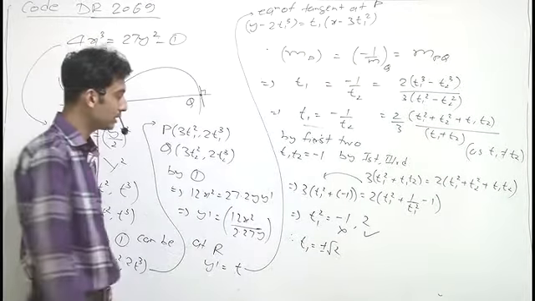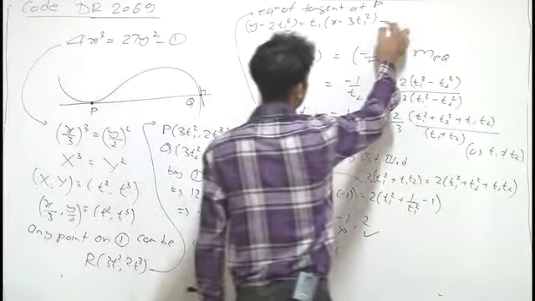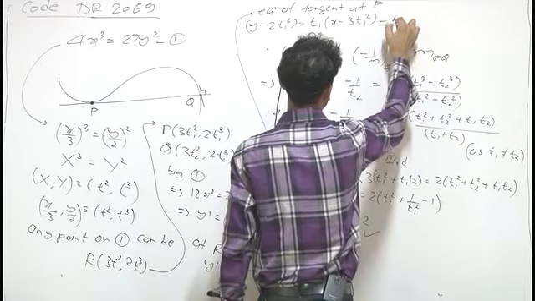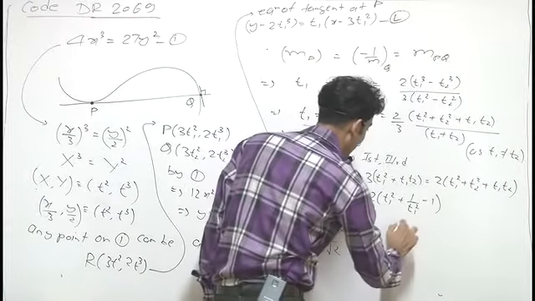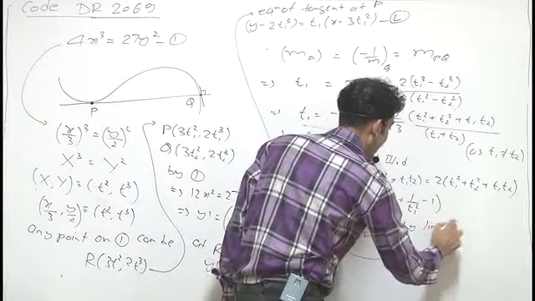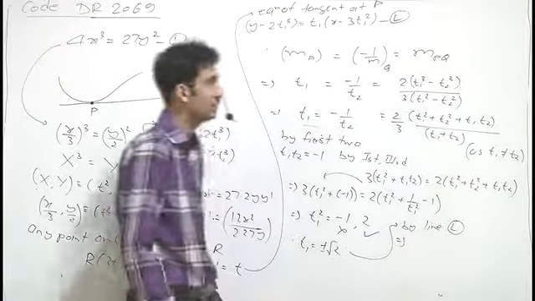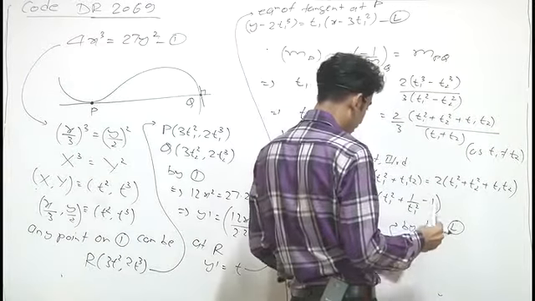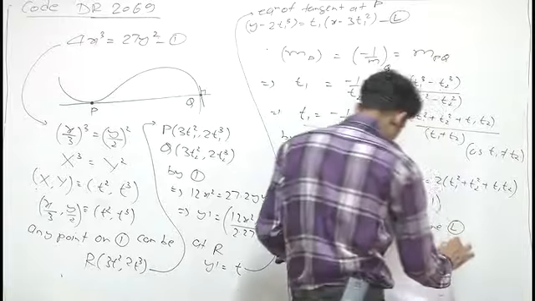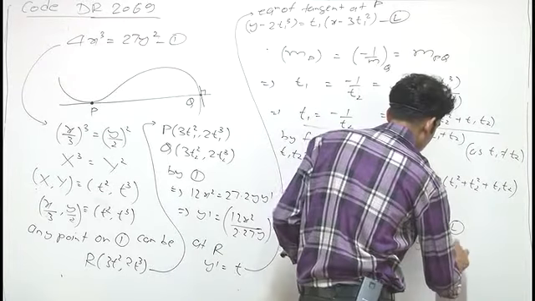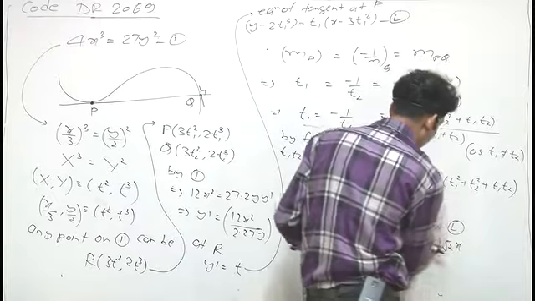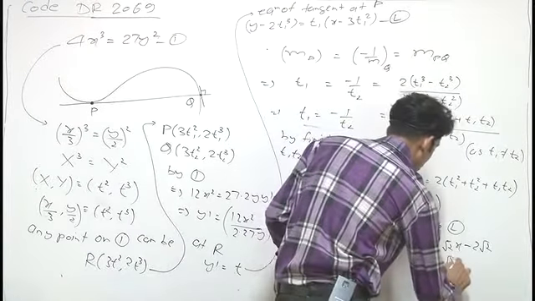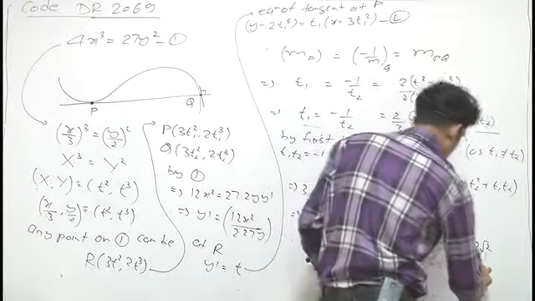If we put this value of t1 in the equation of tangent, which is L, by line L we have two different results, which are y equal to root 2 x minus 2 root 2, and y equal to minus root 2 x plus 2 root 2.